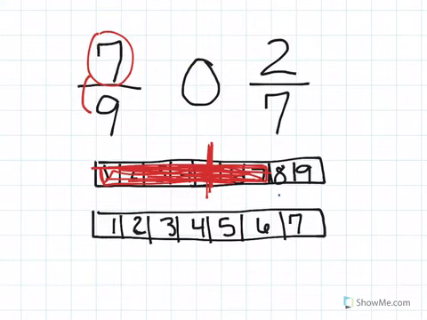So I know that 7 out of 9 is more than a half. Now let's look at my 2 out of 7. Now I know that 4 is not exactly half here, but you can see right away that 2 is less than half. So 2 out of 7 is less than half. So I can tell just by looking at these that 7 out of 9 is greater.